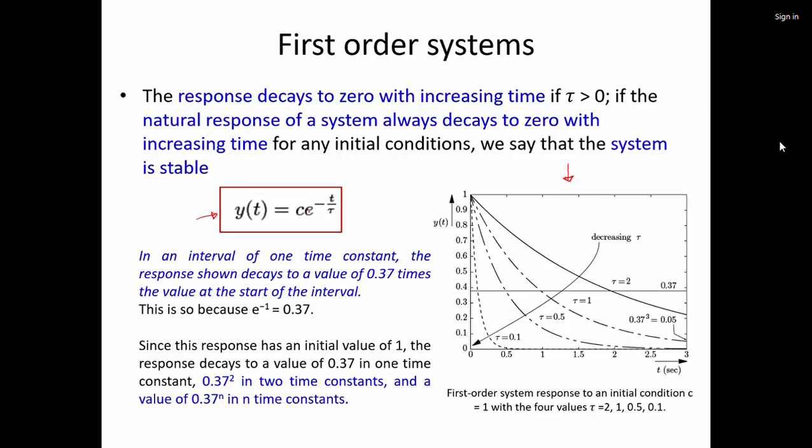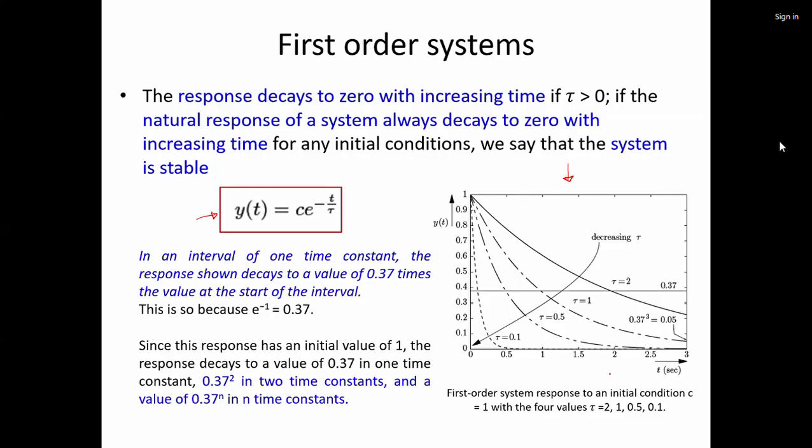If you perturb the system, it will gradually decay to 0 with increasing time, because first order systems are typically stable systems.